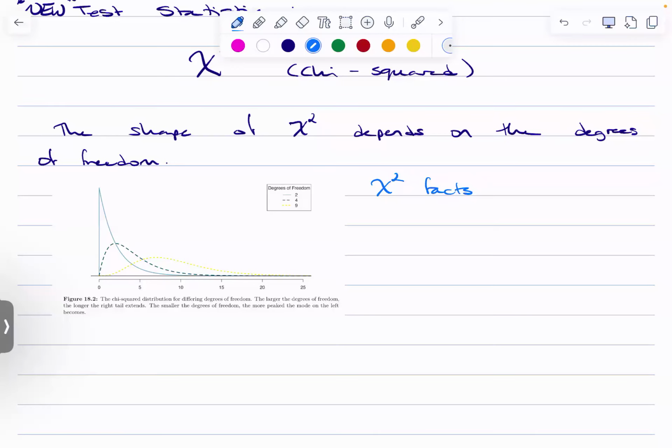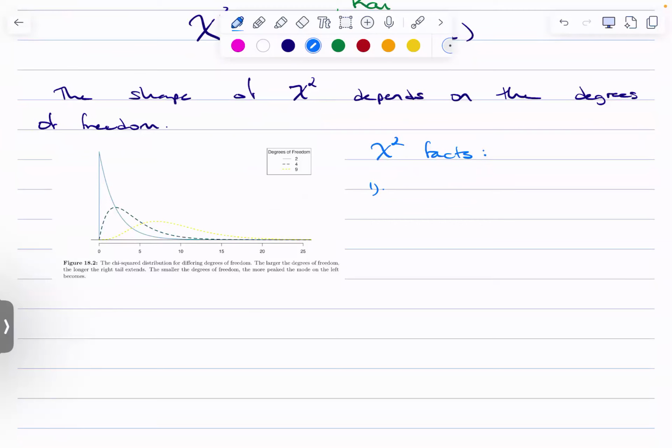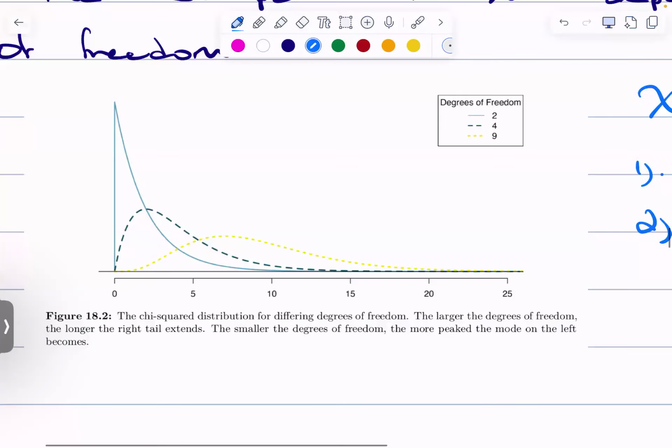Chi-squared facts. 1, it starts at 0. 2, as the degrees of freedom increase, it approaches a normal distribution, which means the center gets kind of pulled out towards the right as we increase our degrees of freedom.